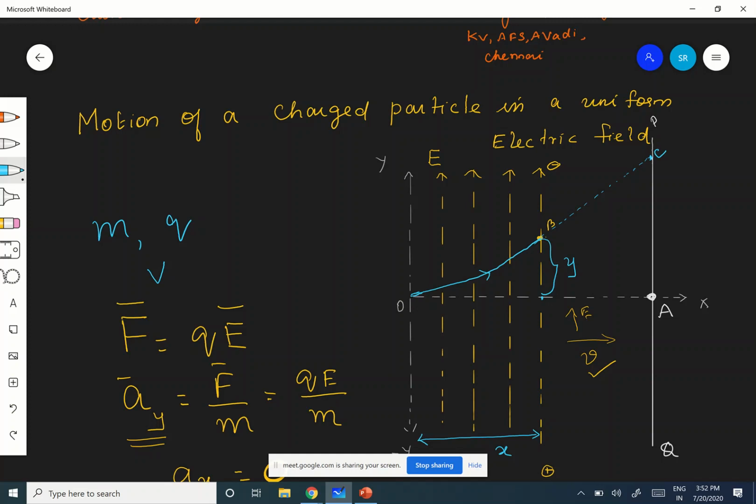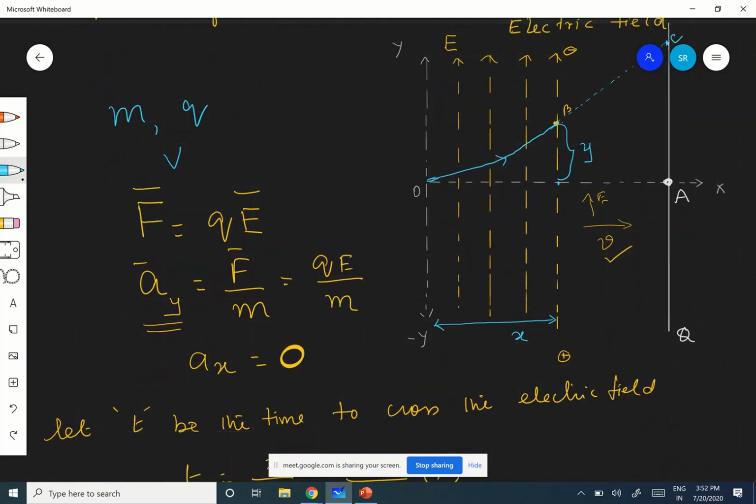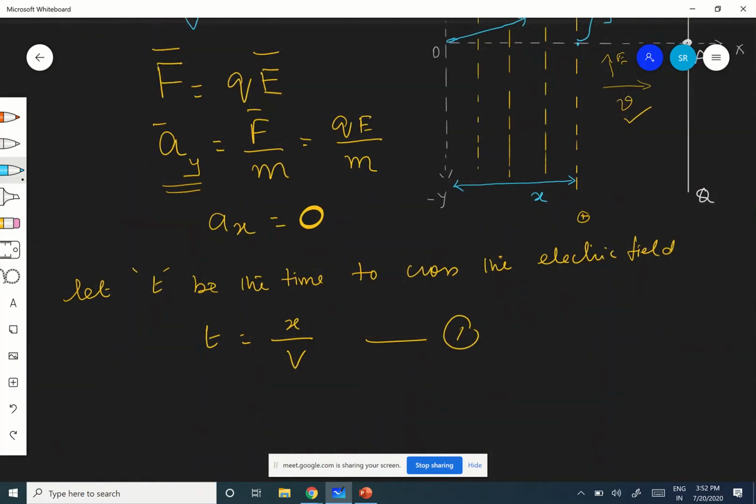See, here there is no electric field from B to C. So, exactly inside the electric field, what is the distance that is covered? Net vertical distance covered by the charged particle is here, that is Y. Okay, therefore, this is the vertical distance covered by the charged particle because of the presence of the uniform electric field.